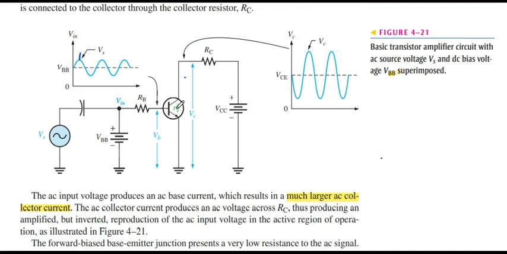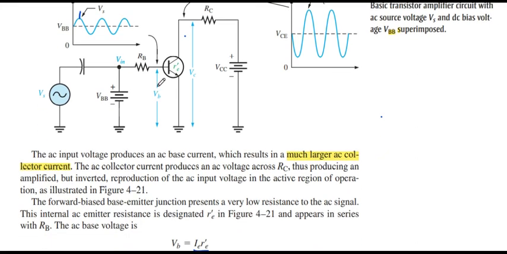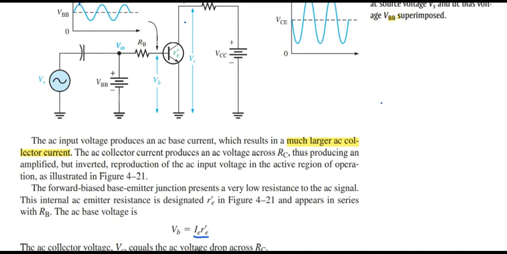This re is the emitter resistance of the transistor. So IB, we know, is equal to the current through the emitter, IE, and re, like that.